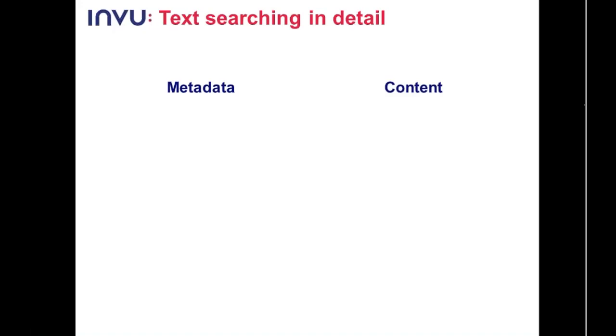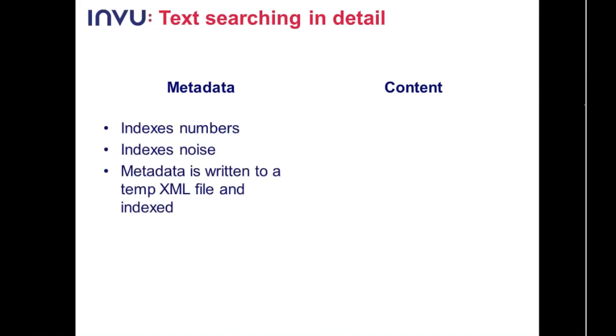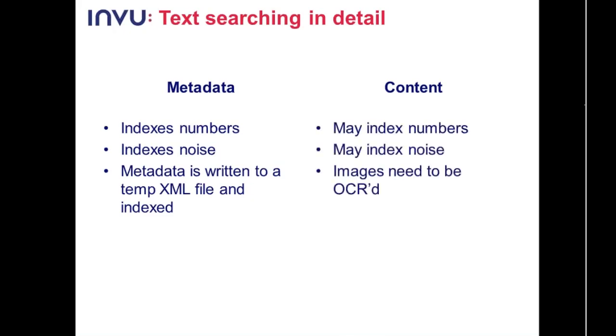I'll do a quick comparison between the metadata and content. The metadata by default indexes all numbers and all noise words, and the metadata itself is written to a temporary XML file on the server, and then it's added to the index. The content search, however, works slightly differently because it's configurable.